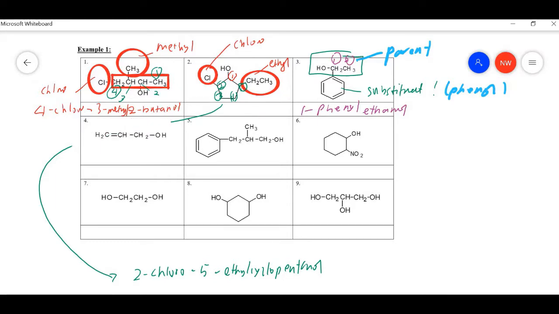Okay, sekarang kita tengok example yang keempat. Kita ada double bond dan juga OH. Bila ada double bond dan juga OH, kita tengoklah macam mana kita nak buat penamaan dia. Always cari the longest carbon chain. So this is the longest carbon chain.